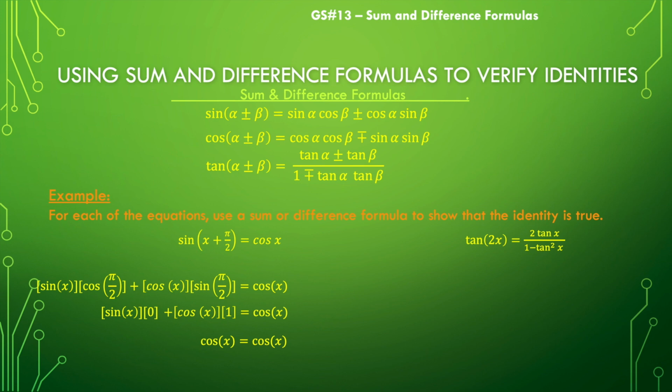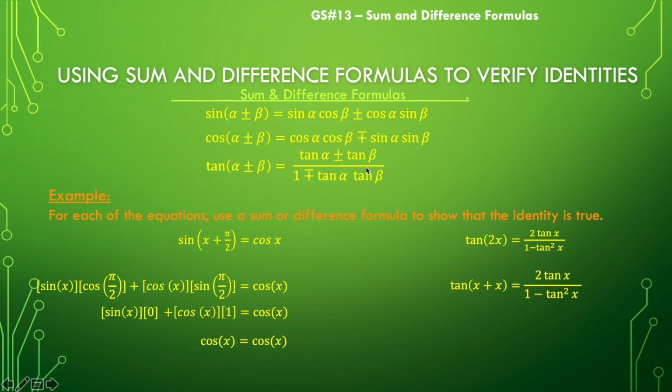Now, the example on the right here, I don't see a sum or difference going on as it's written. But I can take this left-hand side and break it apart because I can say that 2x is actually the same as x plus x. And then I can use my tangent sum formula and expand that.